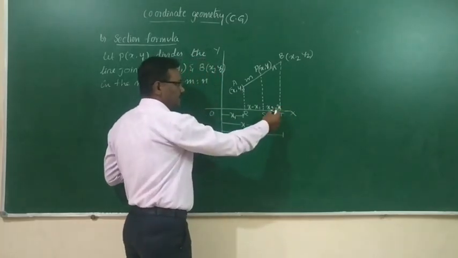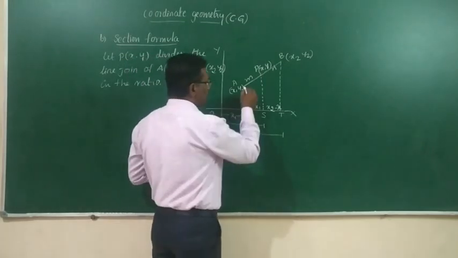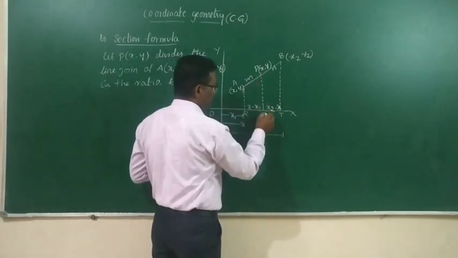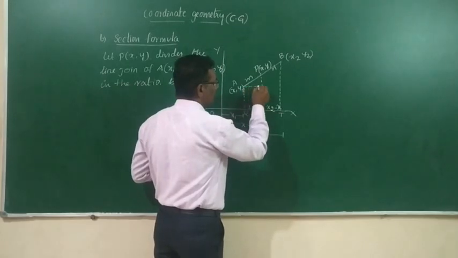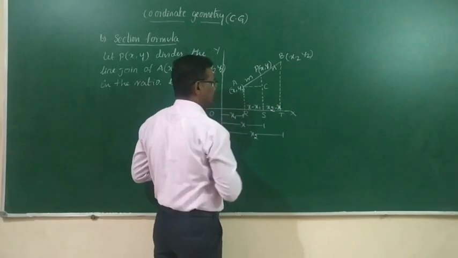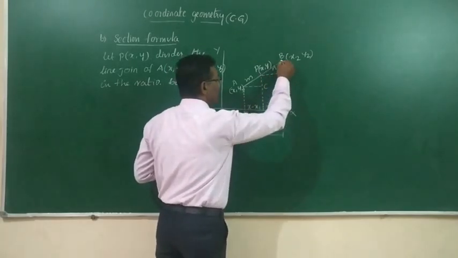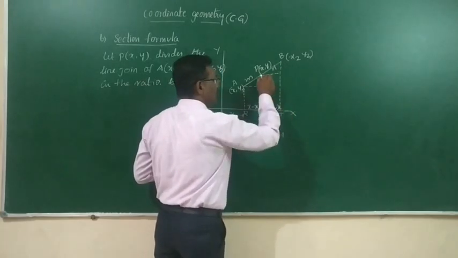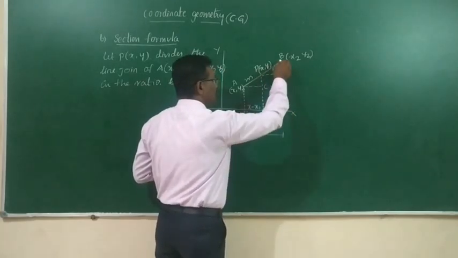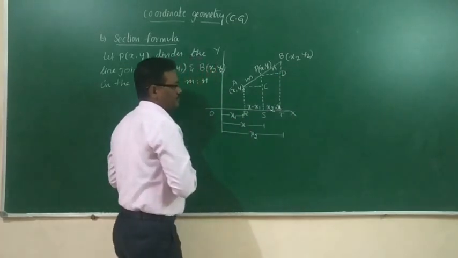So what is ST? x2 minus x. Similarly, I can draw a perpendicular from A to PS, that is considered as C, and from P to BT, where it meets the point is D.